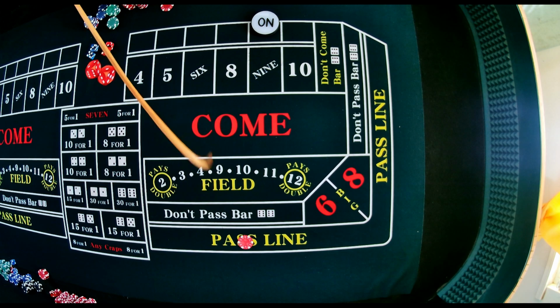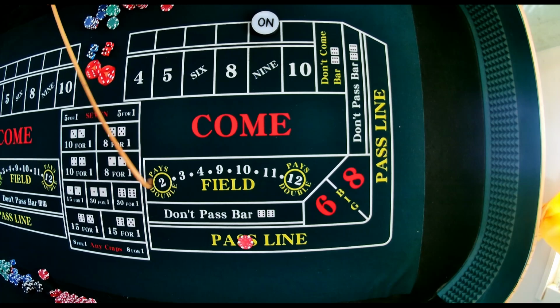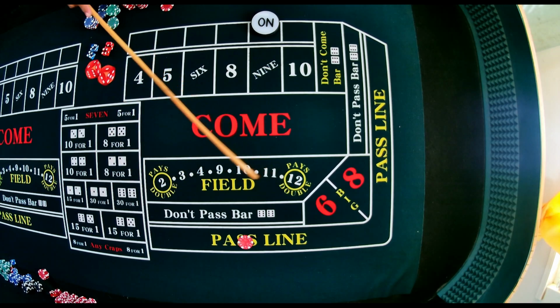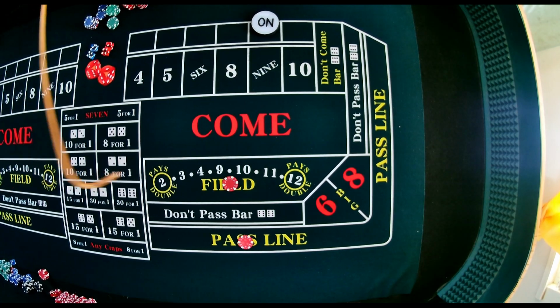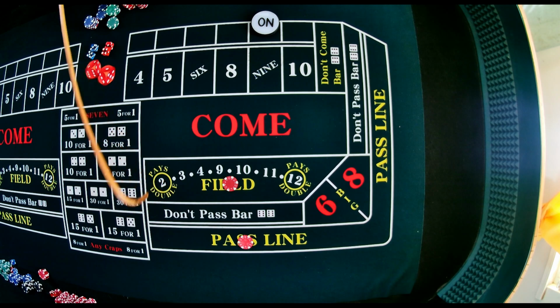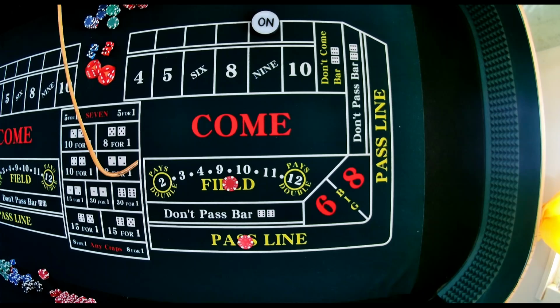Except for the field bet. So the field bet is a very simple bet. The numbers that you see laid out here, you don't pick a number, you just put your bet on anywhere on the field, and if you roll one of these numbers, you win.